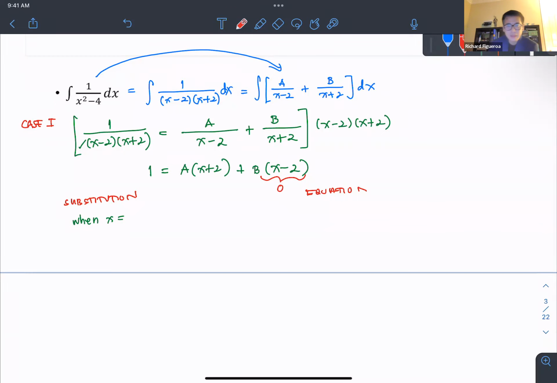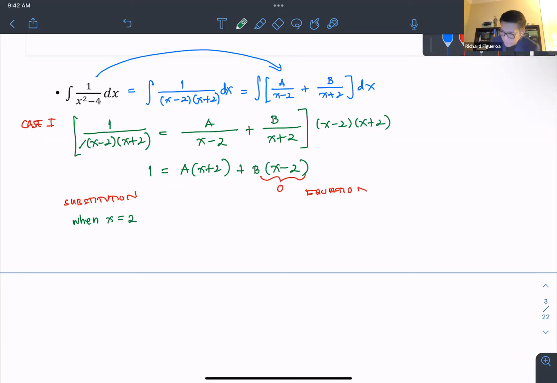So what should be substituted to x to make x minus 2 equal to 0? Okay, very good. We're going to assume that x should be equal to 2.